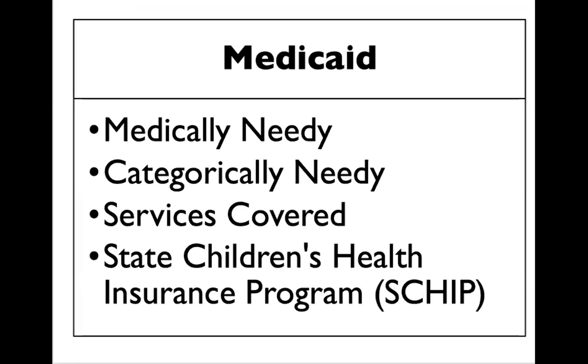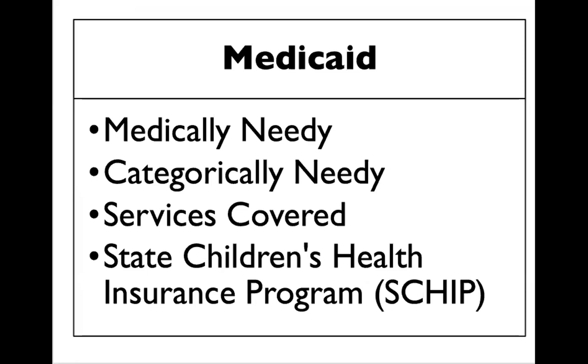We can have infants that are born to somebody that's on Medicaid, they would be eligible. Individuals who are disabled. So for example, my daughter, she's 29, but mentally and physically, she will never, ever be able to work. And so she is categorically needy for Medicaid, but she's also medically needy for Medicaid.